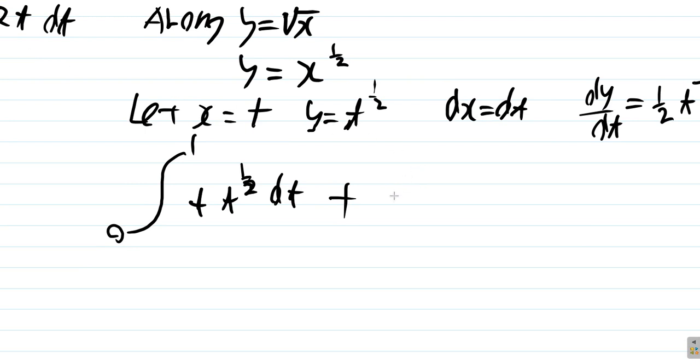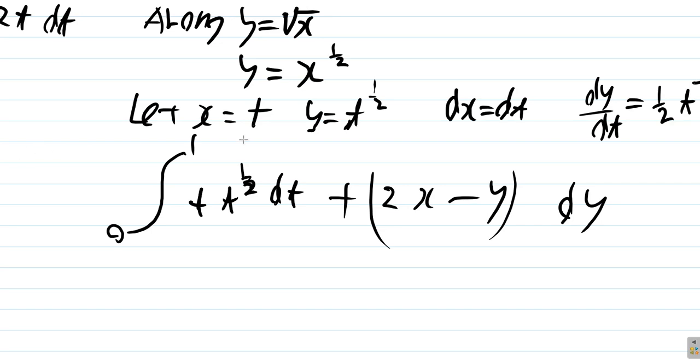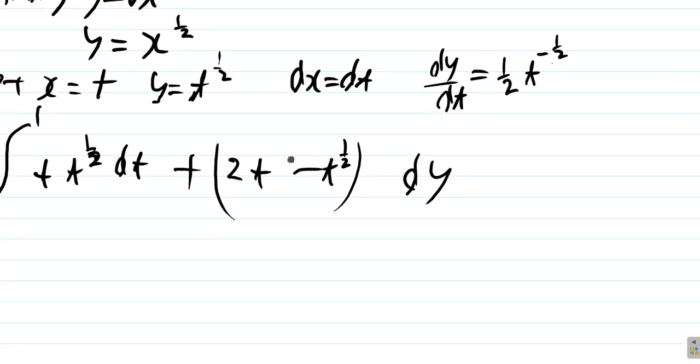So this will be 2x minus y dy. But now, x is t. So we change this to t minus y. y is t to the half. So we change the y to t to the half minus dy. What was dy again?